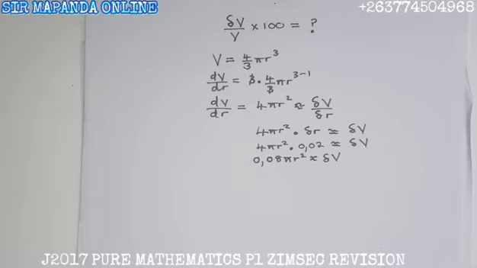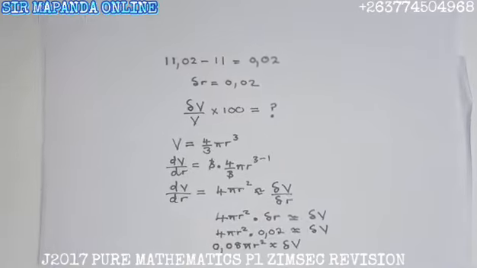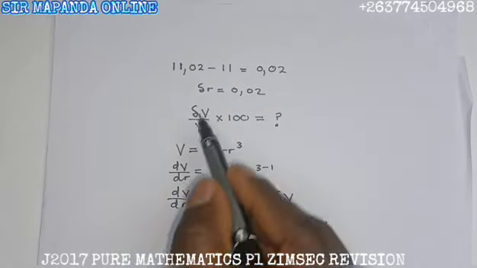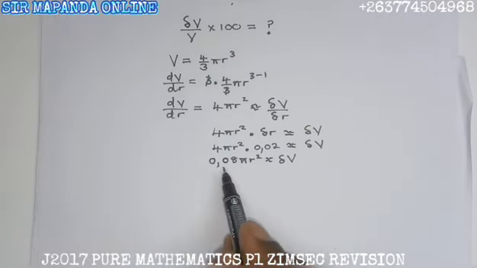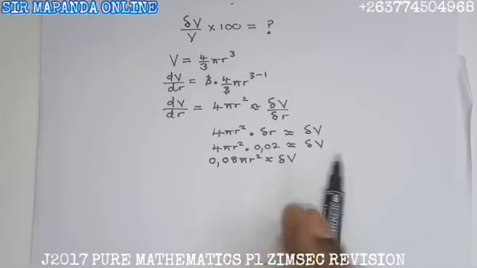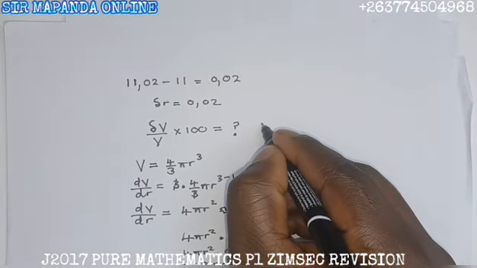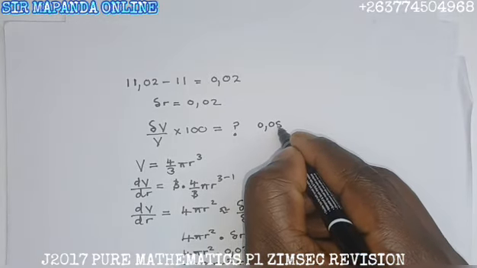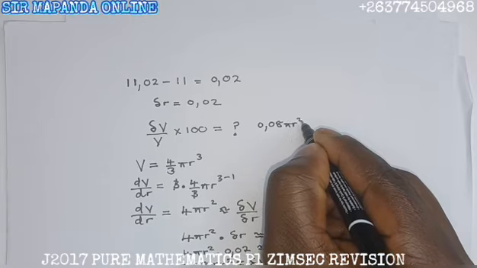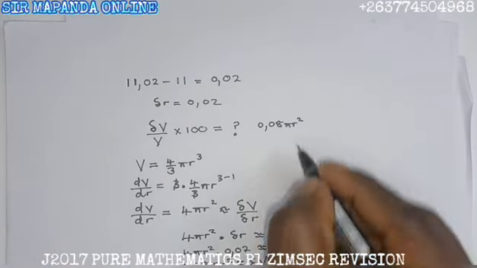But remember, the required is delta V over V times 100. They want you to find the percentage change in volume. So on delta V, I'm going to insert 0,08 pi r squared. So you get 0,08 pi r squared as delta V, right?